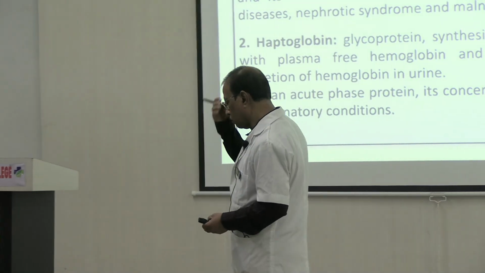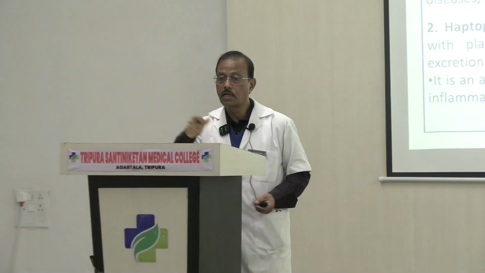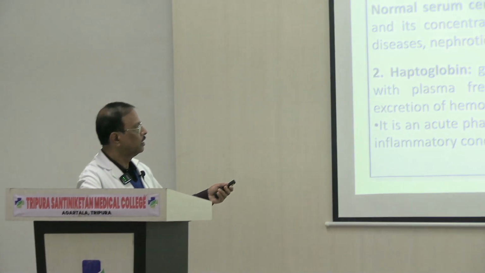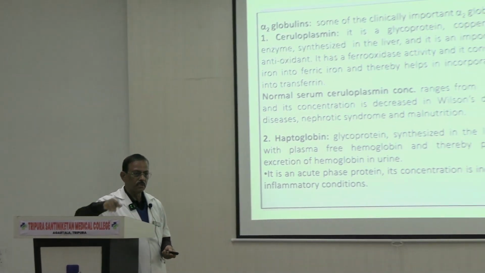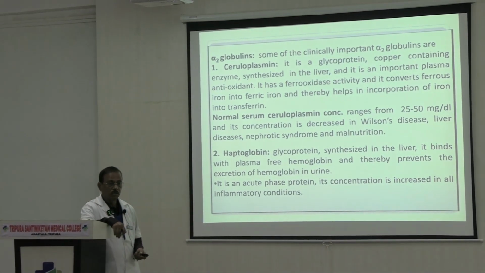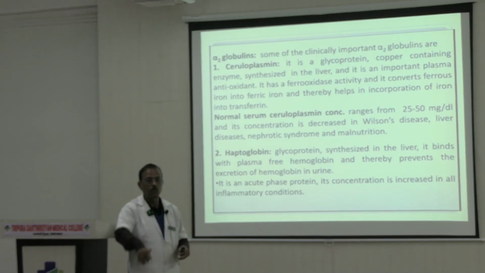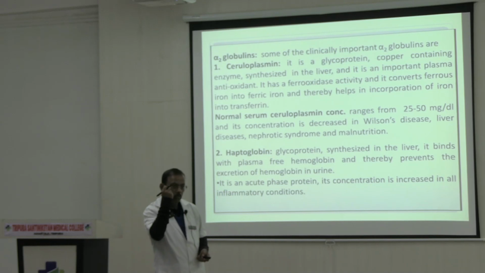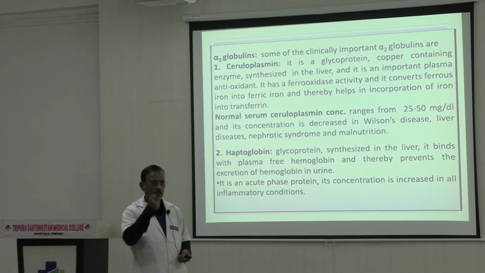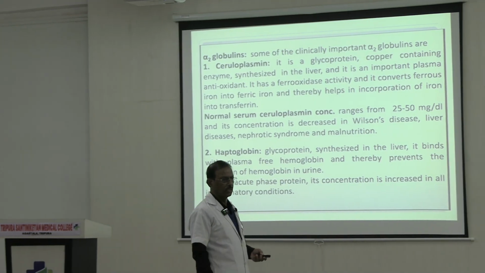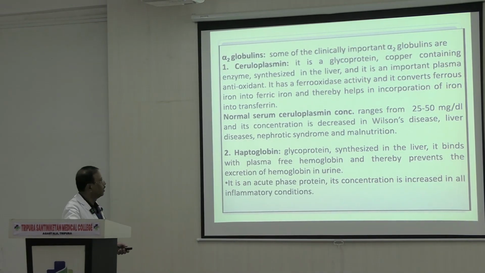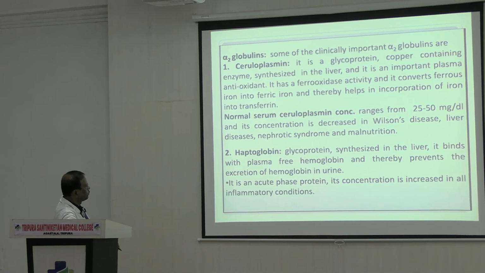So copper gets accumulated in the liver and in the brain, in the basal ganglia, causing hepatolenticular degeneration. Then it accumulates around the cornea. That is called Kayser-Fleischer ring. So this is the problem that develops when ceruloplasmin concentration goes down.